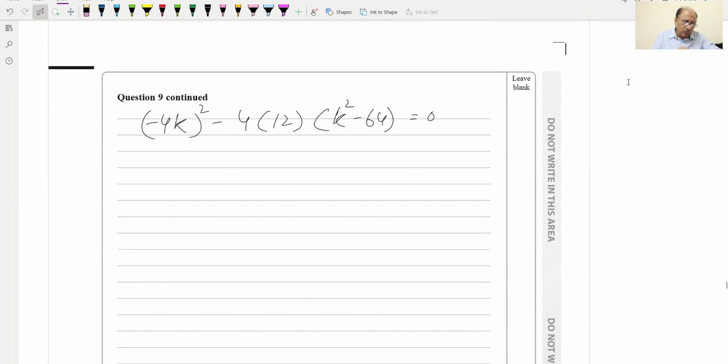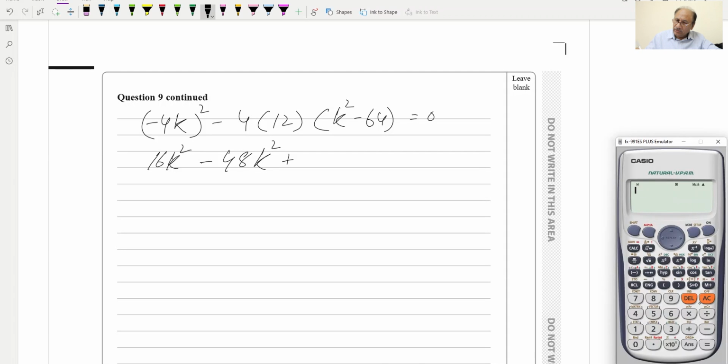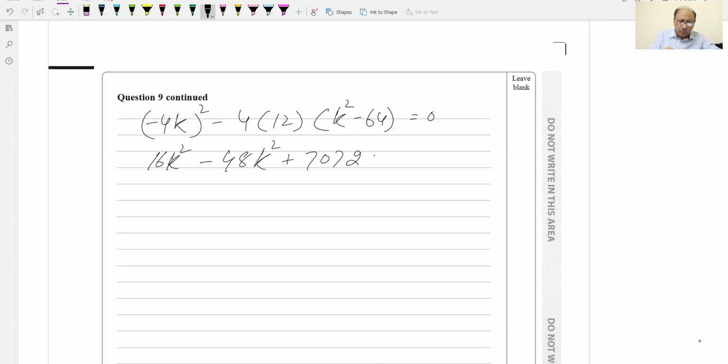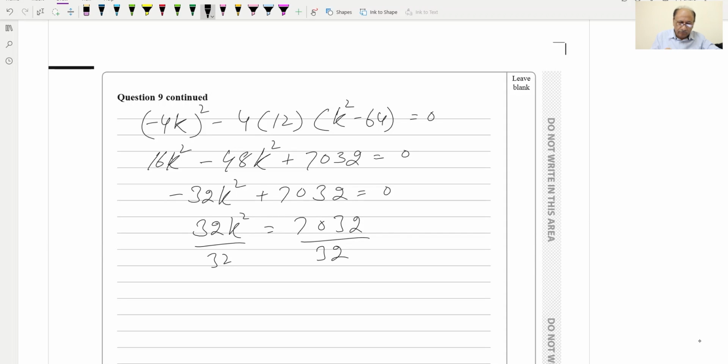Now we can open the bracket, so 16k squared, and this will be 12 into 4 will be 48, so minus 48k squared, and minus into minus plus 48 into 64. 48 multiplied by 64 will be 3072, is equal to 0, and this will be minus 32k squared plus 3072 is equal to 0.